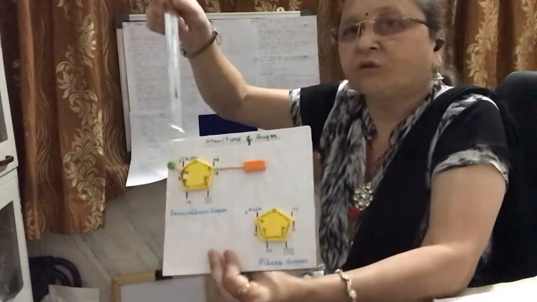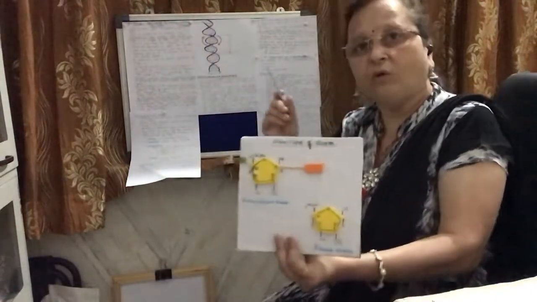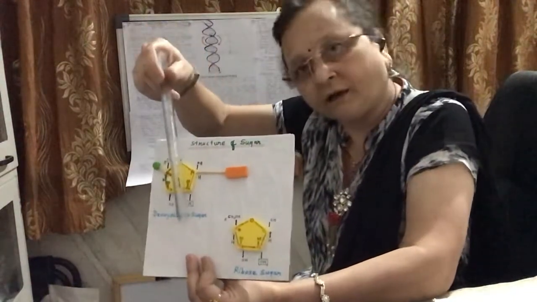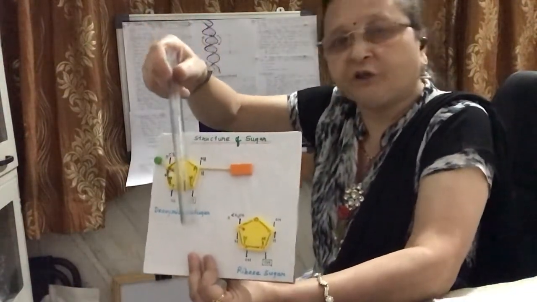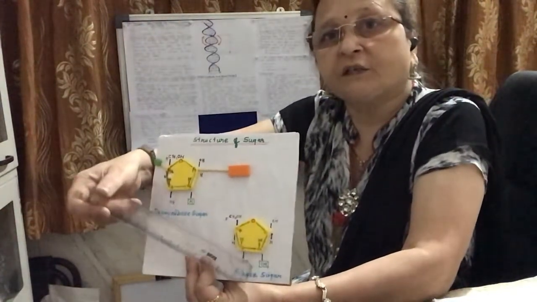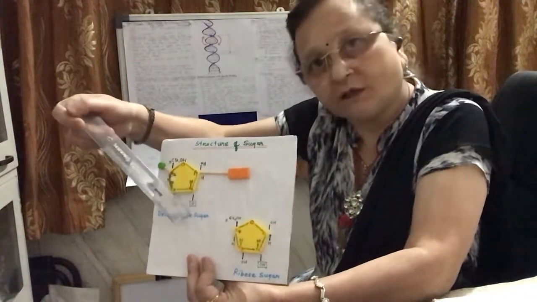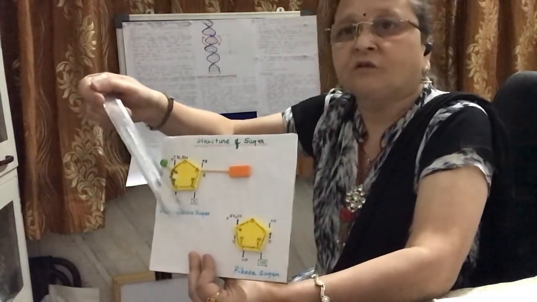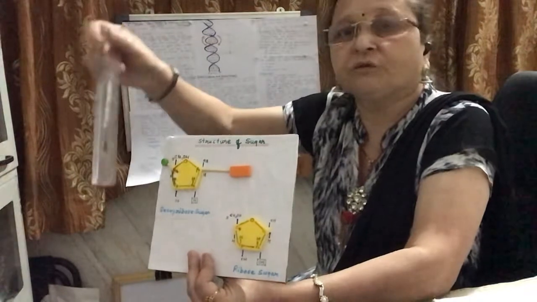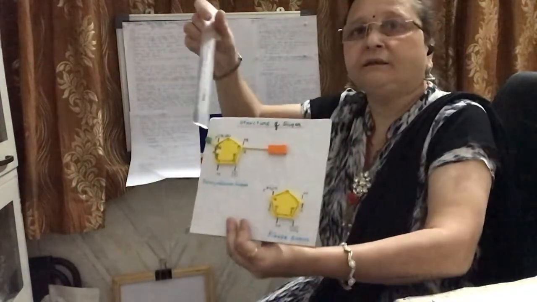See here, this is hydrogen and this is hydroxyl. So in both the structures, the only difference is that in the second carbon atom, in one H is present and in the second structure OH is present. Here oxygen is removed. So this is deoxyribose sugar and this is ribose sugar. What is the similarity?